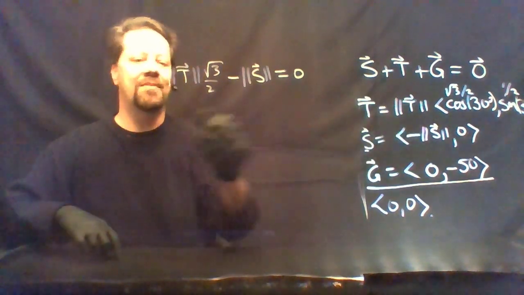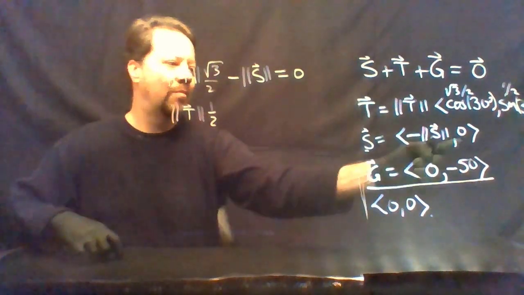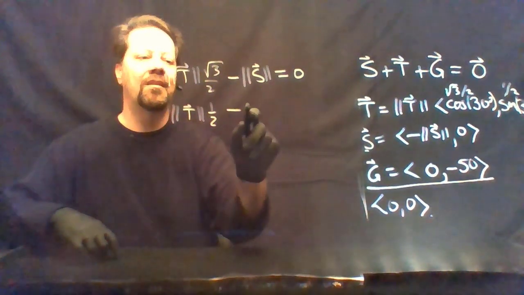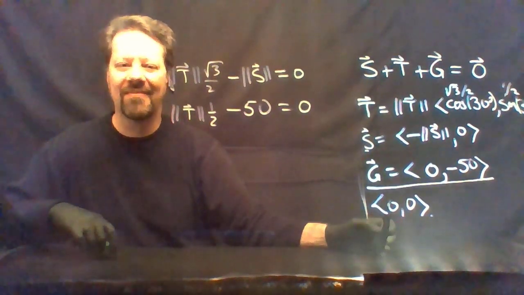Also, 1/2 times the norm of the tension, plus 0, minus 50, is equal to 0.